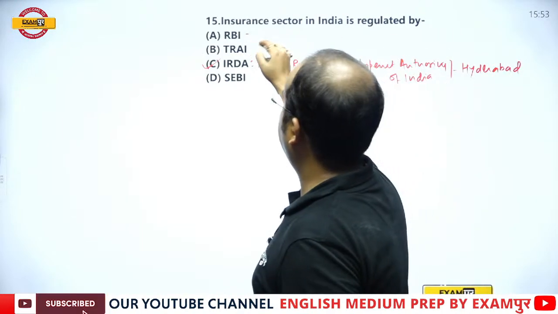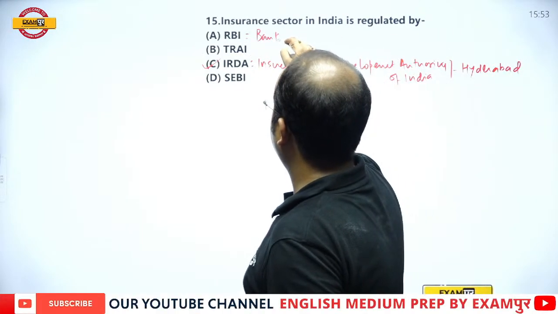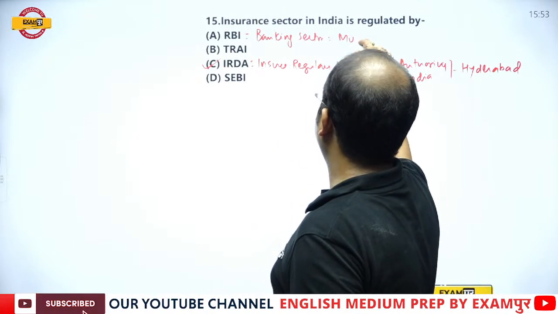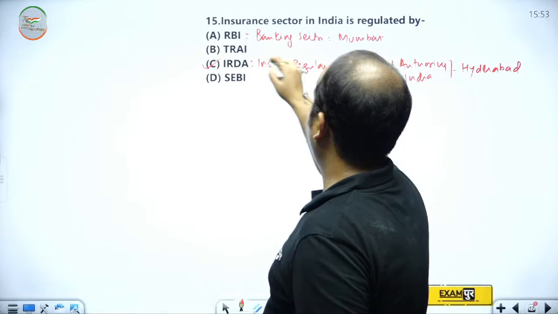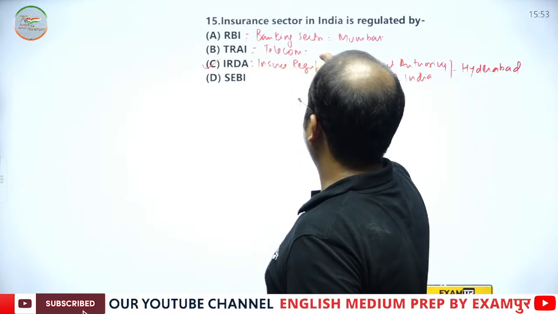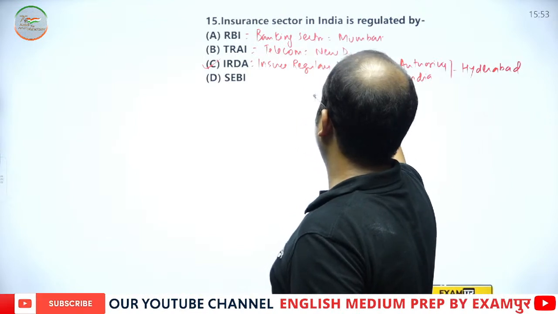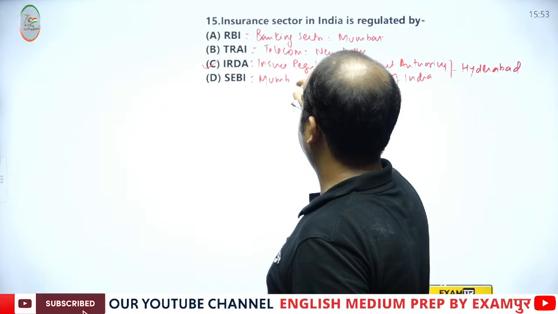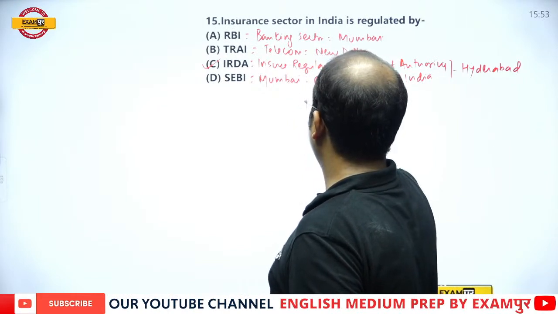Then RBI, the banking sector, is in Mumbai. TRAI, telecom, is in New Delhi. SEBI is in Mumbai, capital market.